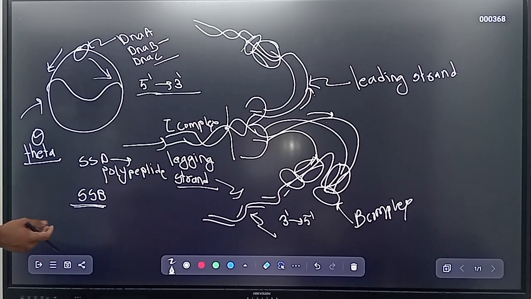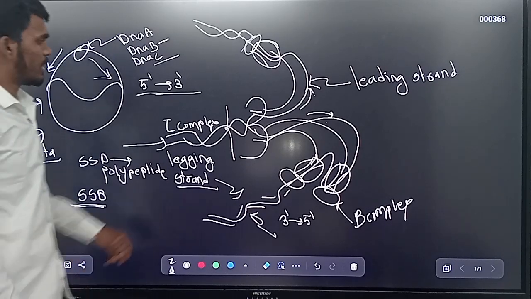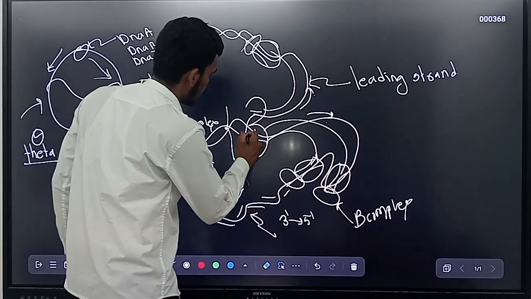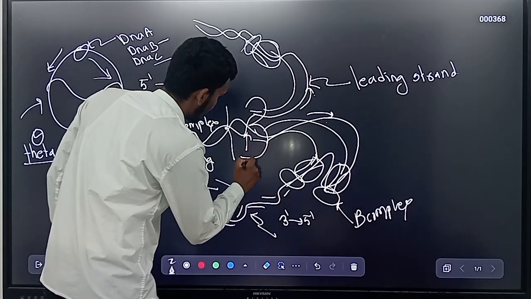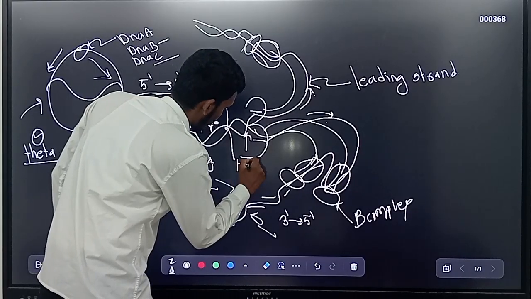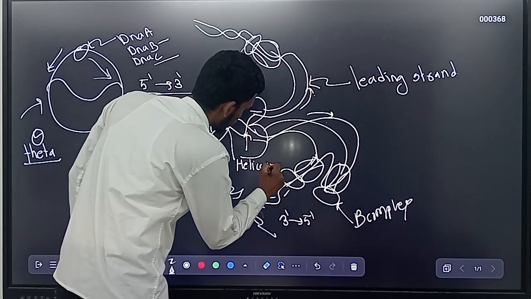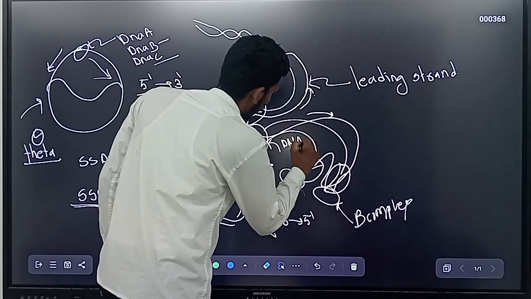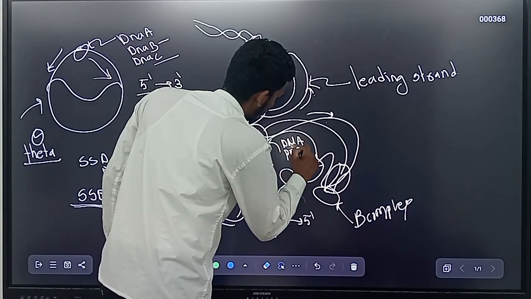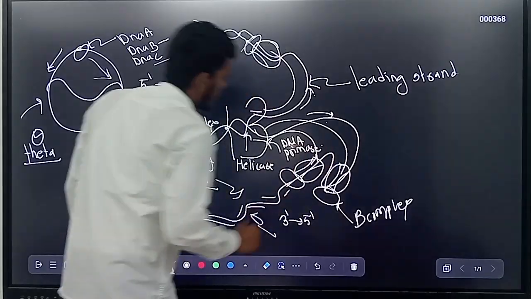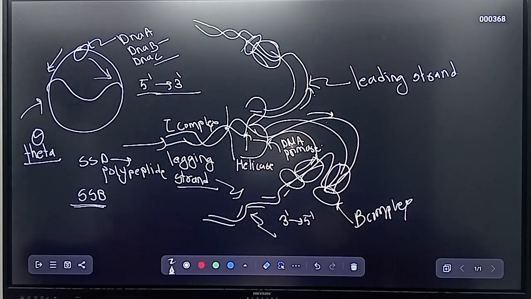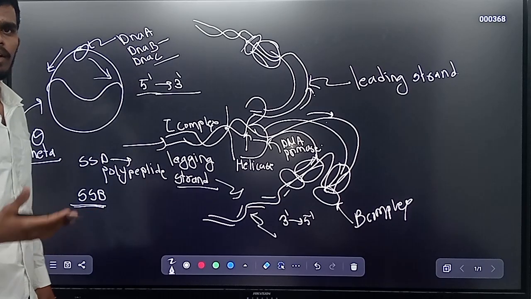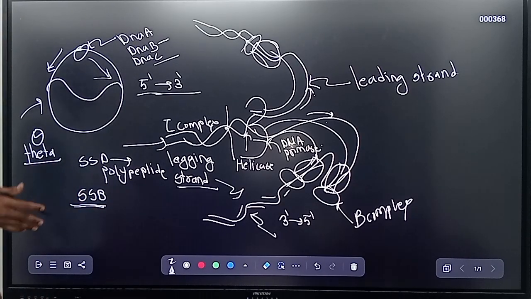So when this process starts, at the origin of replication the lytic DNA helicase, the protein enzyme DnaB, will get bound. It will lyse the double helical structure, and when it does, the double helix will get opened.